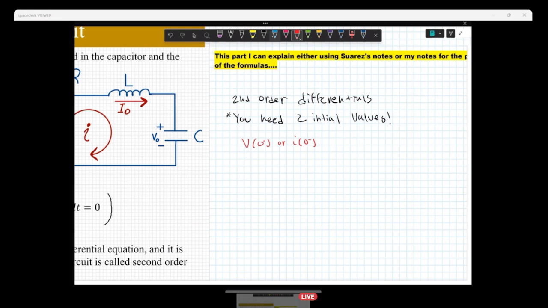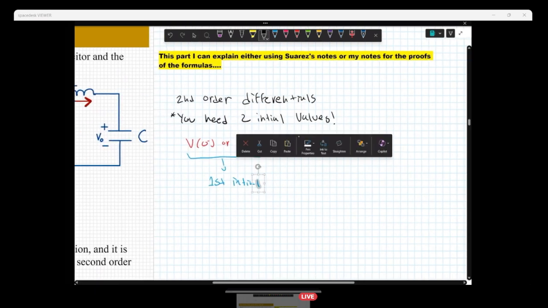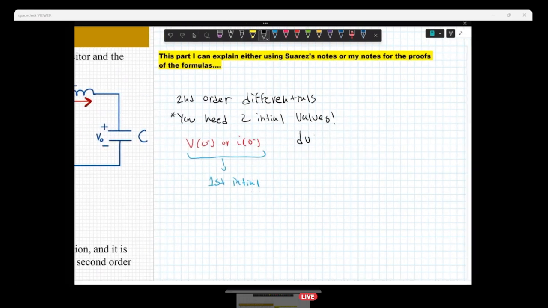This will be the first one. I'm just giving you a very quick gist of what it looks like. First initial. And then your second initial will come from something like this. So it's going to be like some dv of 0 minus over dt or some di of 0 minus over dt. I'm just giving a quick run through. Second initial. That's how that works.